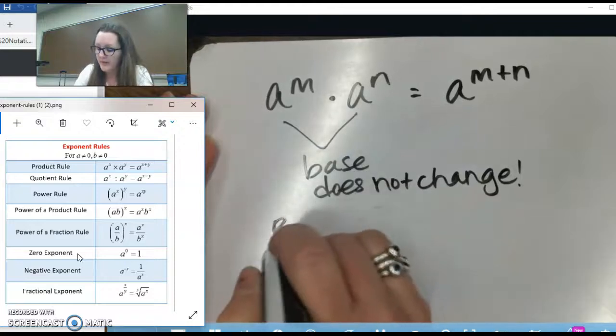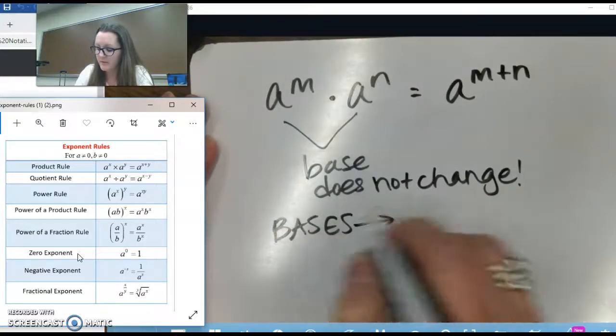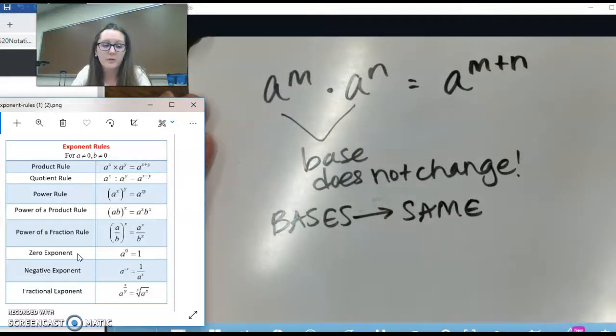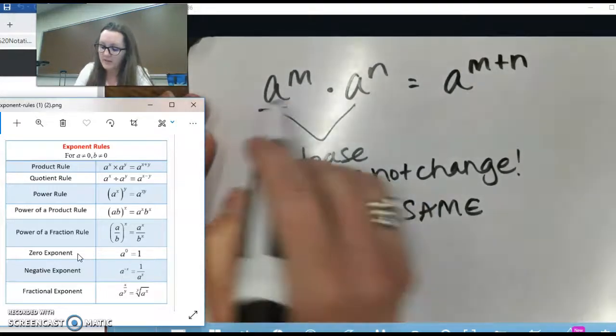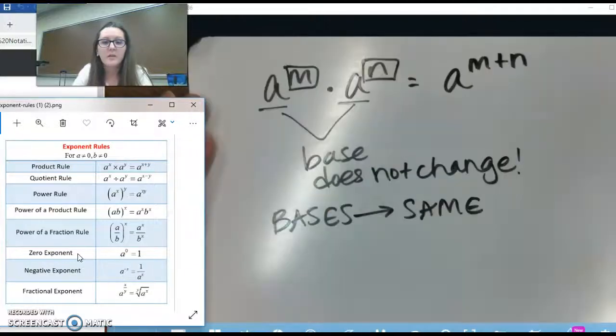Also, your bases must be the same. That's super important. You cannot follow the exponent rules unless your bases are the same. Base here means a, and these are your exponents, okay?